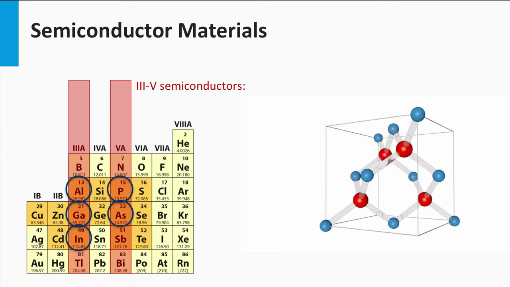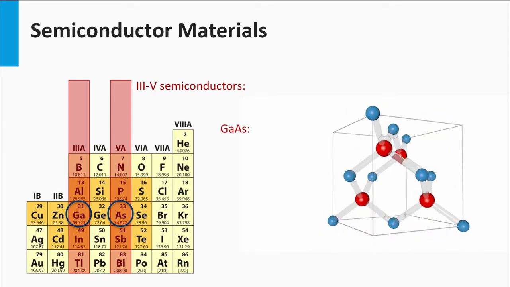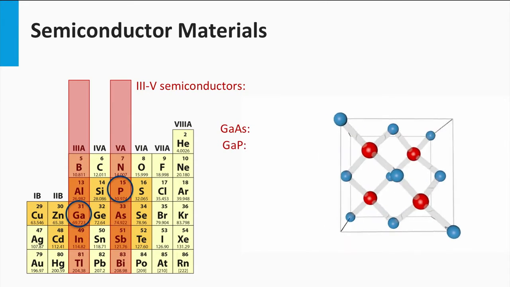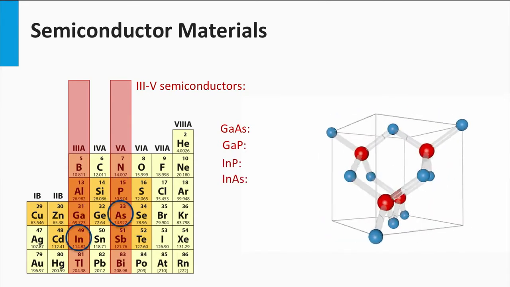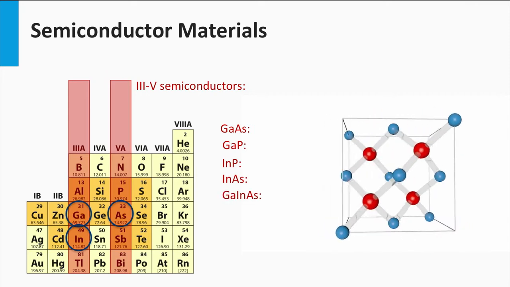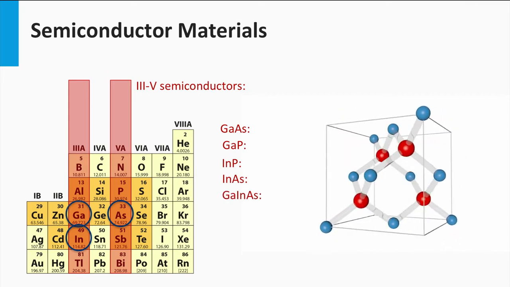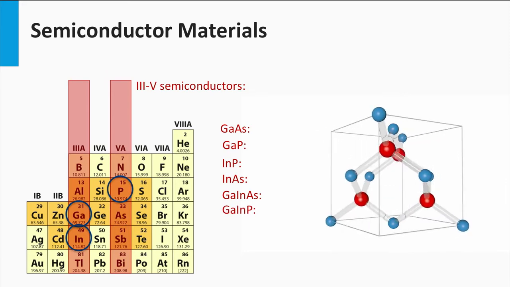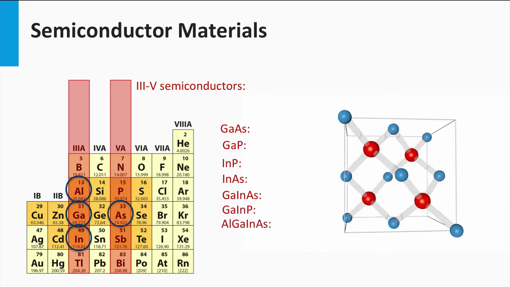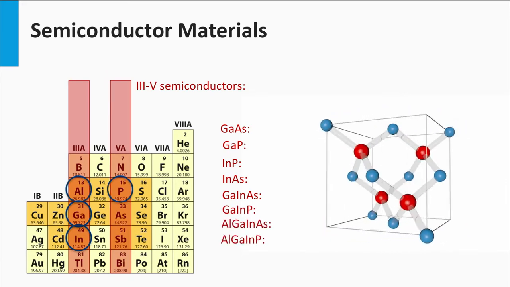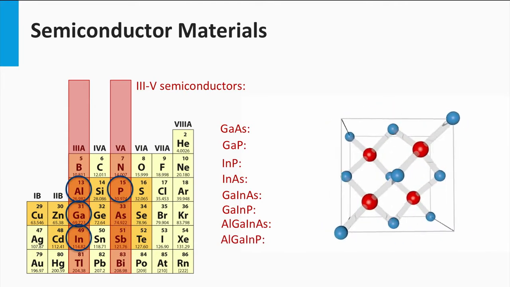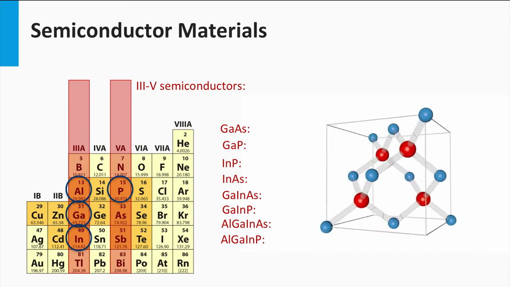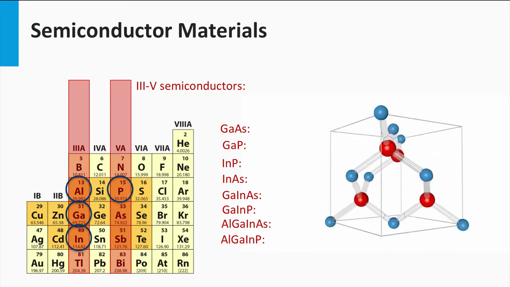Various different semiconductor materials such as gallium arsenide, gallium phosphide, indium phosphide, indium arsenide, and more complex alloys like gallium indium arsenide, gallium indium phosphide, aluminum gallium indium arsenide, and aluminum gallium indium phosphide have been explored. Let's consider for the moment the standard gallium arsenide semiconductor material.